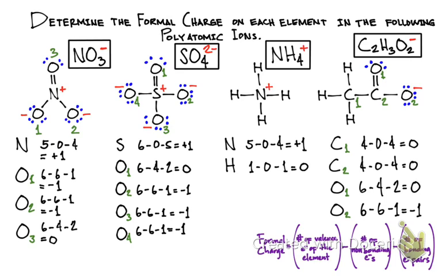So if you were ever wondering, that negative charge basically is the overall charge of this molecule, the net charge, right? Sulfate has a negative 2, because 3 of the oxygens have negative 1 charge and then 1 positive, so the net charge is negative 2. Same thing for ammonium and acetate here.